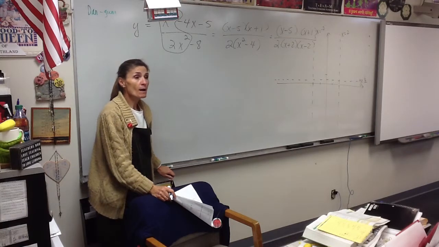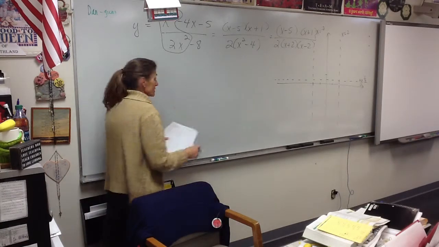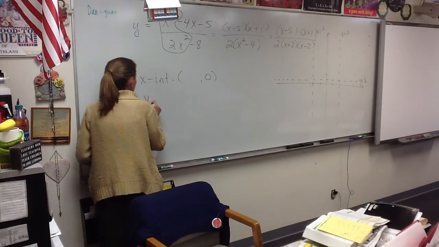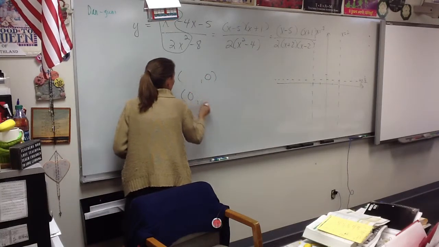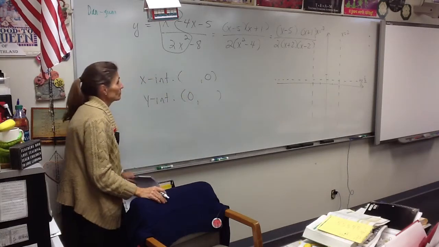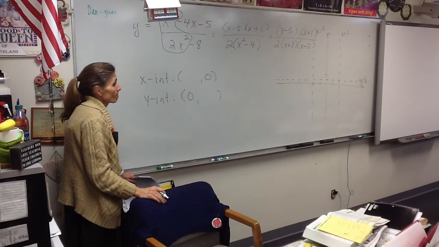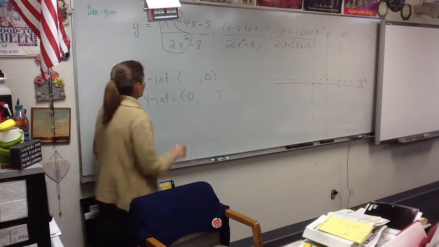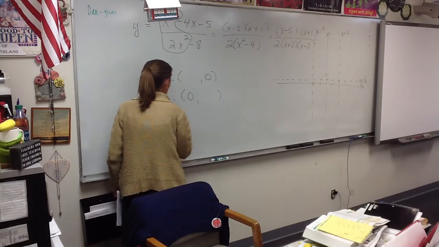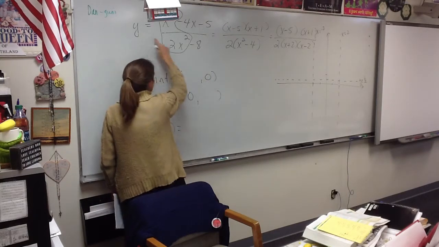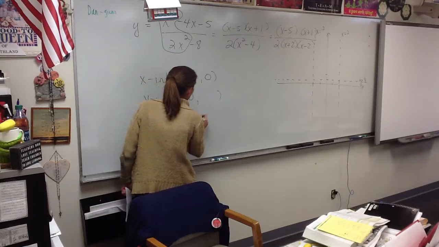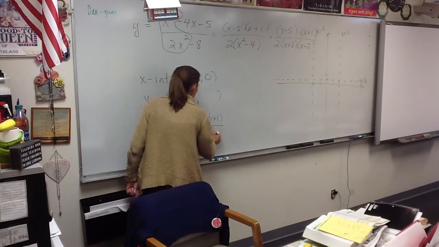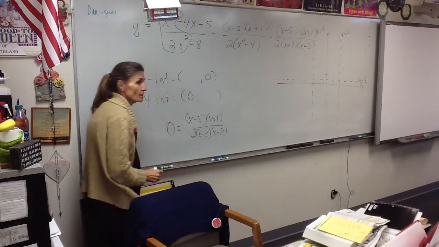Now, where are my intercepts? Remember, your x-intercepts happen where y is 0, and your y-intercepts happen where x is 0. Here we go. Let's set that equal to 0. So I'm doing this one, let y be 0. So x minus 5, x plus 1. Do not be frightened by this equation.